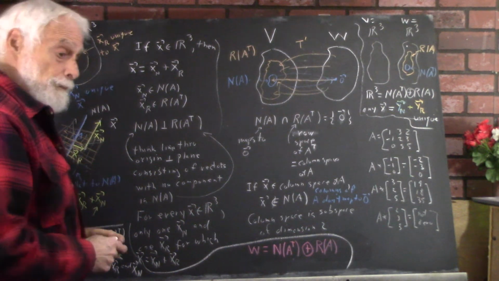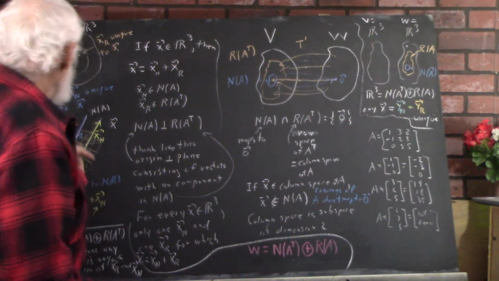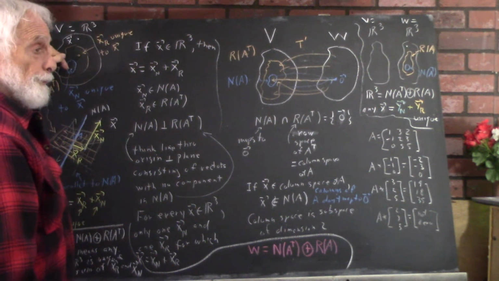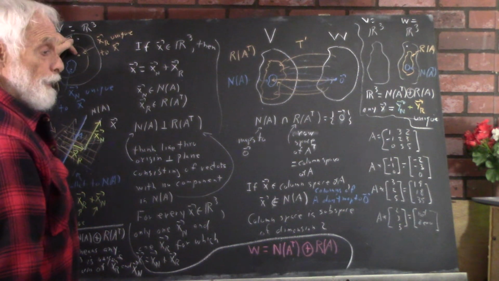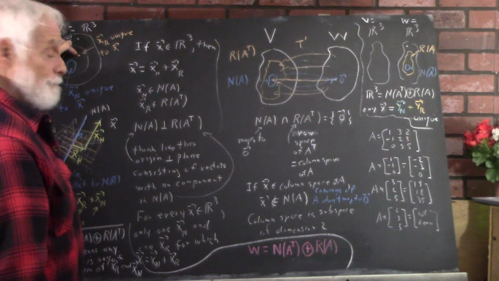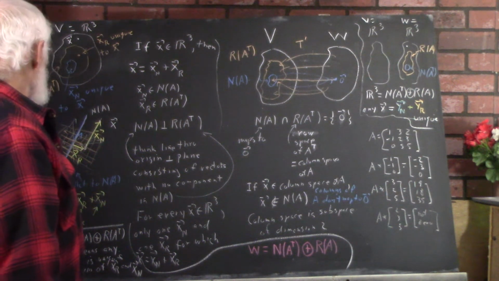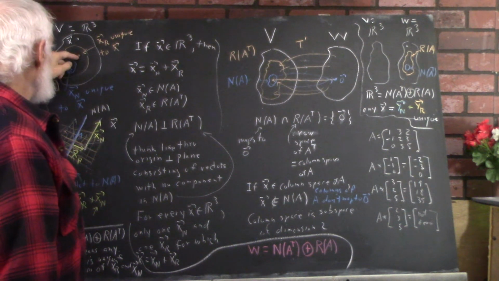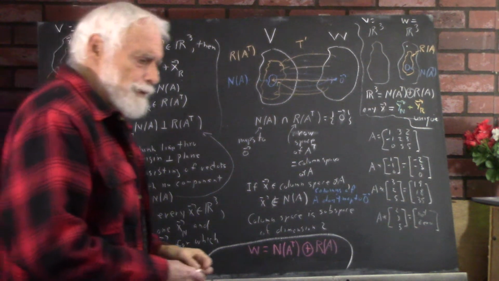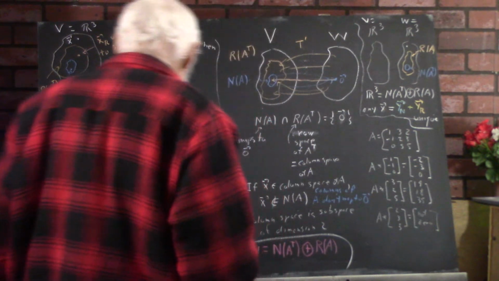Well, I'm claiming that there is a unique pair of vectors, one in the null space and one in the range space of A transpose, such that this plus this equals this. Now, it's kind of easy to at least understand that intuitively.